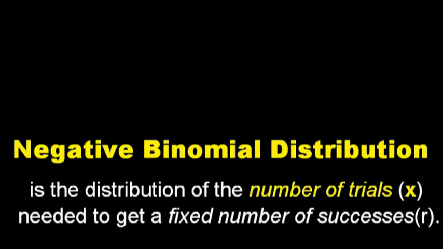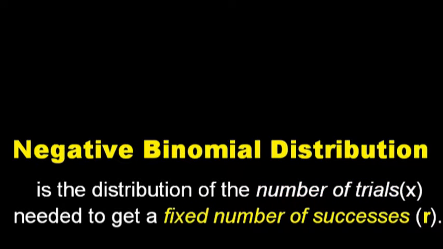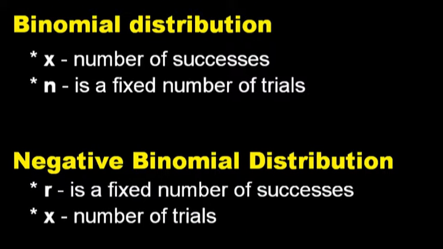While in the negative binomial distribution, x is the number of trials needed to get a fixed number r of successes. Again, in binomial distribution, random variable x is the number of successes, and n is the number of trials.